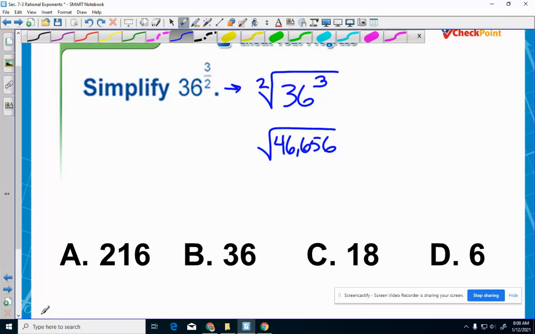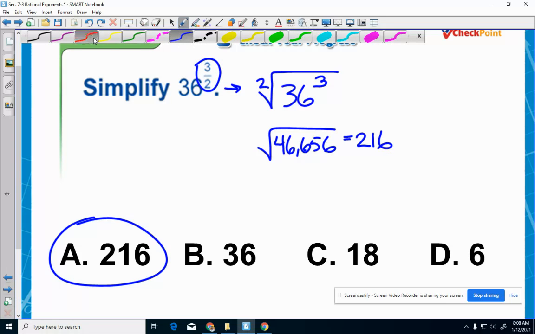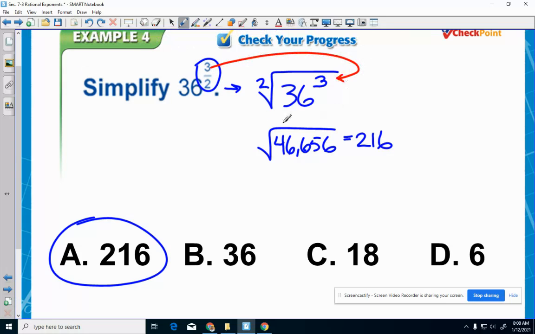Okay, so a square root of 46,656, and that answer is equal to 216. Okay. So being able to manipulate a rational exponent into two things, a power and a root. Okay. Please remember how those two are related.